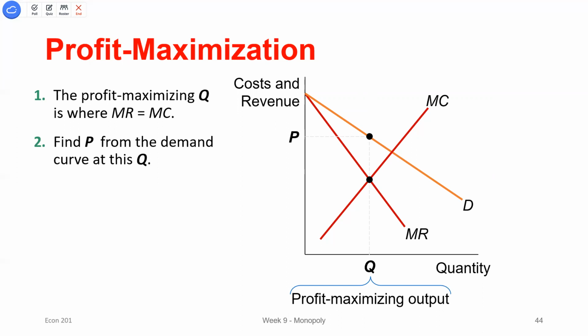So if this was a perfectly competitive market, where would the equilibrium point be? Where does supply equal demand?